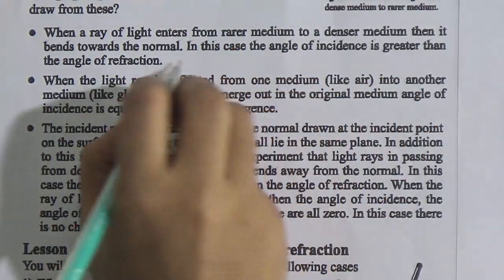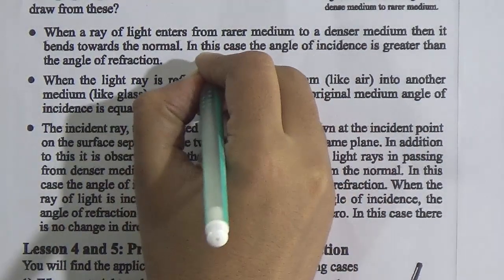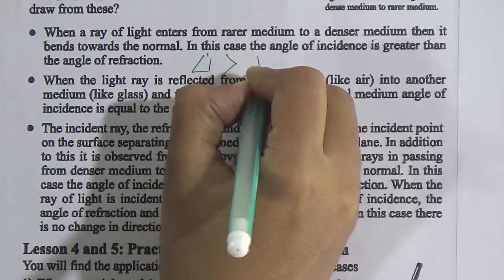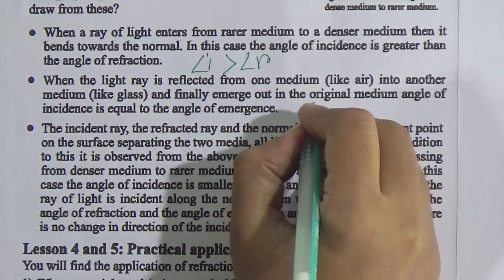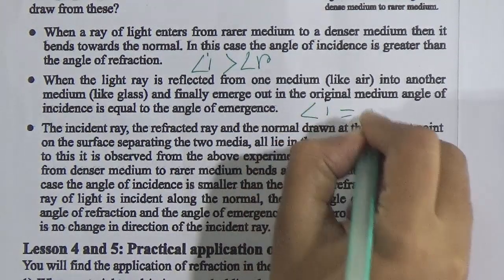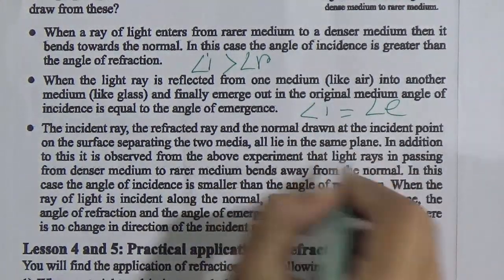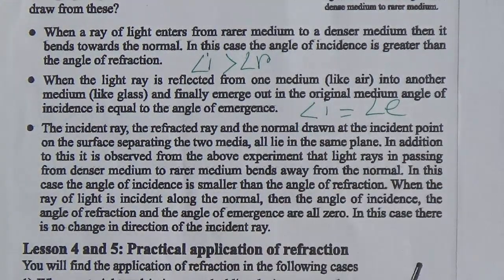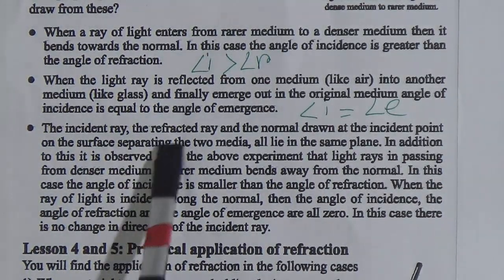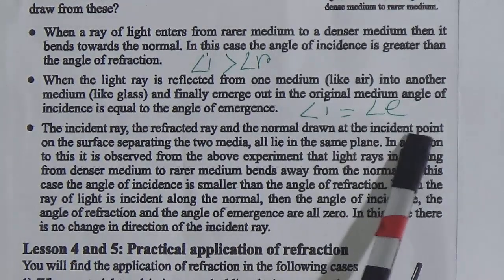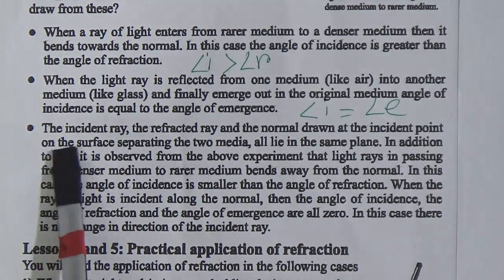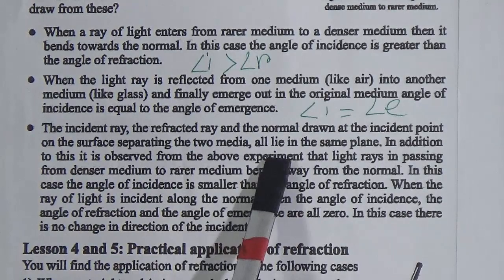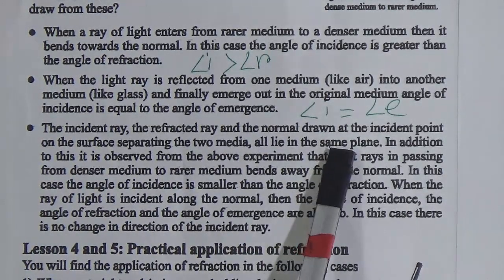That means here I is greater than R, here I is equal to E. Now come to the next law. The incident ray, the refracted ray, and the normal drawn at the point of incidence on the surface separating the two media all lie on the same plane.